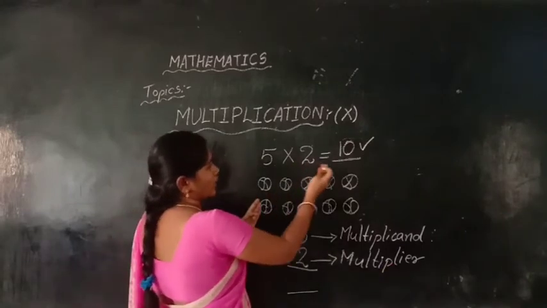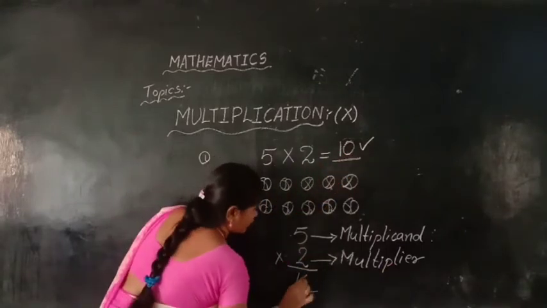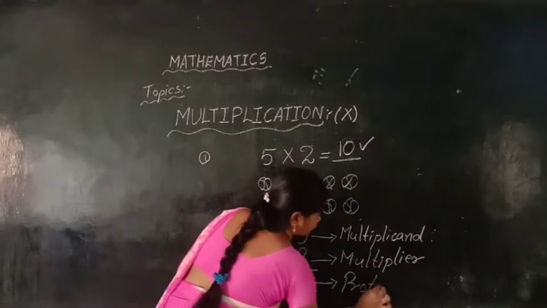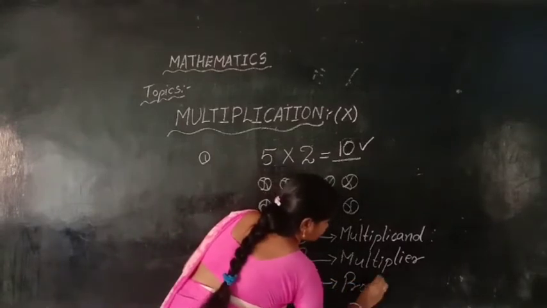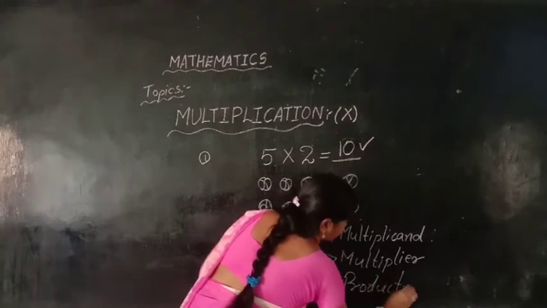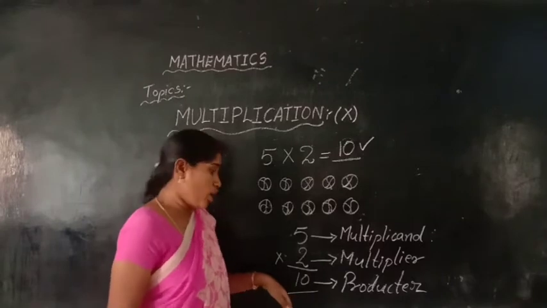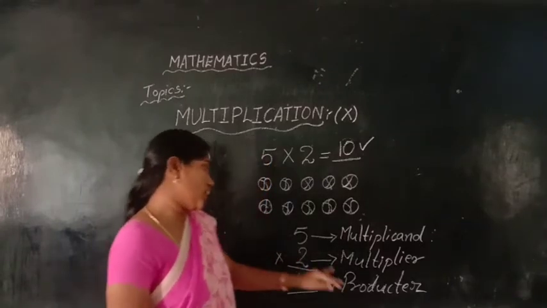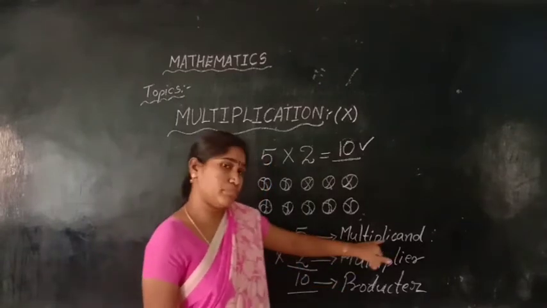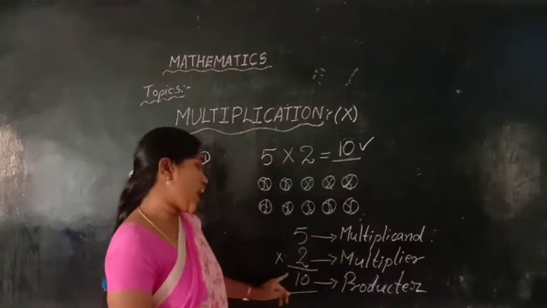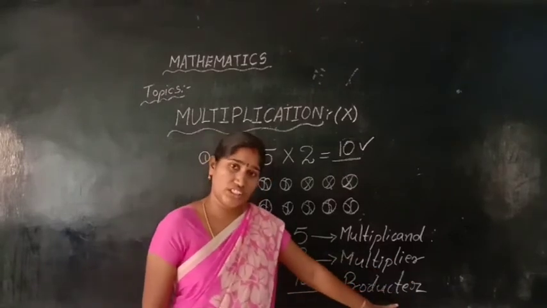5 into 2. What is our answer? 10. The 10 is called product. The answer is called product. Okay children. 5 is multiplicand, 2 is multiplier and the answer is called product.